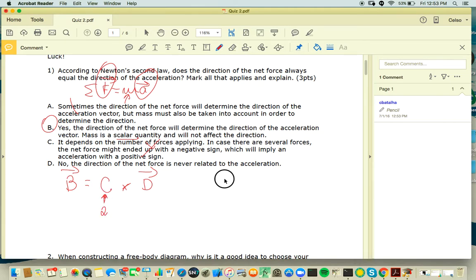Now, if d is this vector, then the vector b would be this thing here. That's your b, which is twice the previous one.